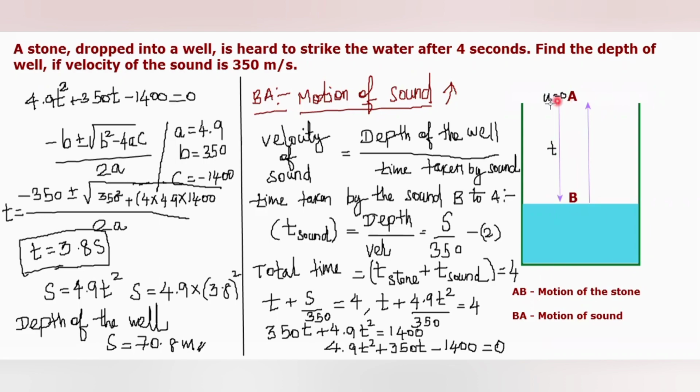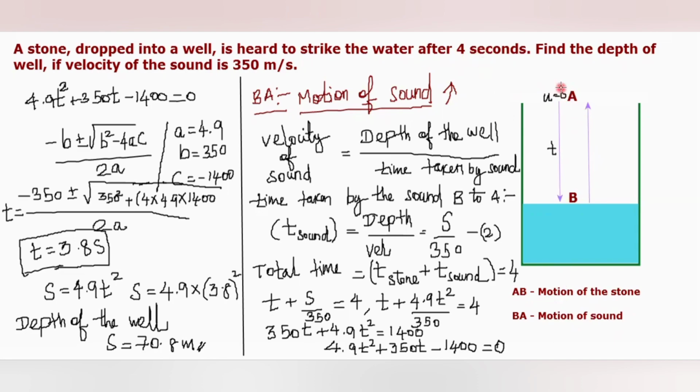Then it will reach the point A. Here AB is the motion of the stone, BA is the motion of the sound. This 4 seconds means from the dropping point A to B, the time taken by the stone, plus from the striking point B to the dropping point A in the upward direction, the time taken by the sound. That total time is 4 seconds.